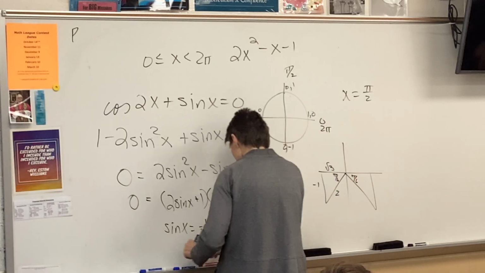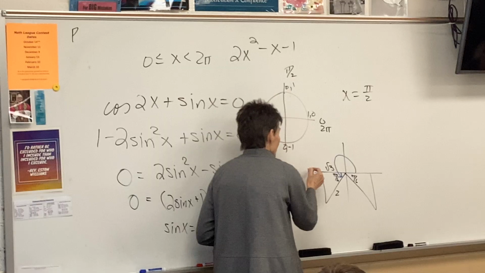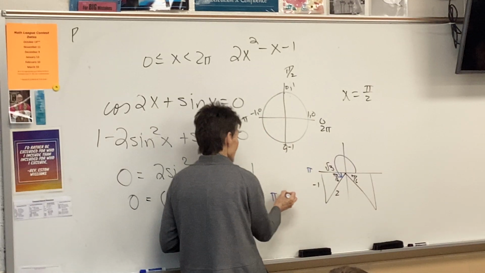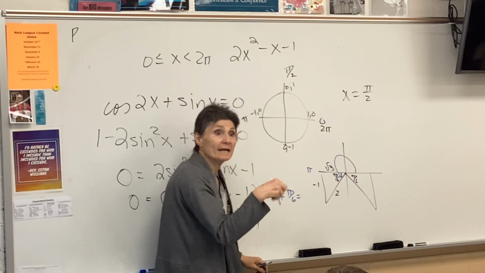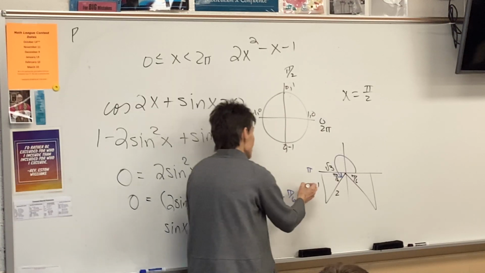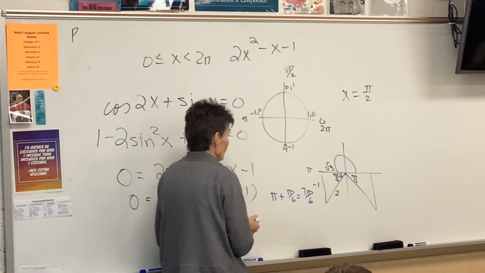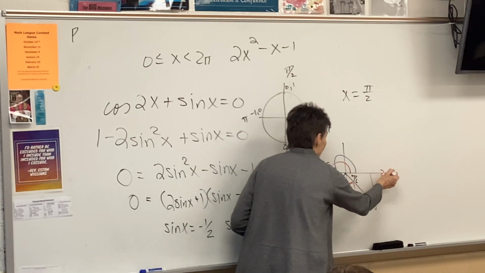Our answers are that one. Remember, that's pi. So that would be pi plus pi over 6. So it's 1 and a 6, 7 pi over 6. And then it would be that one, remember this is 2 pi.